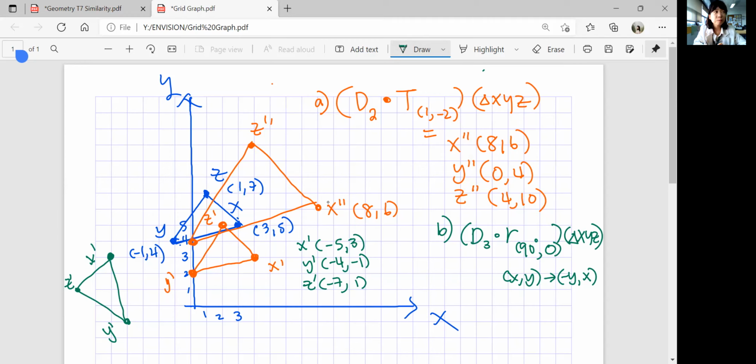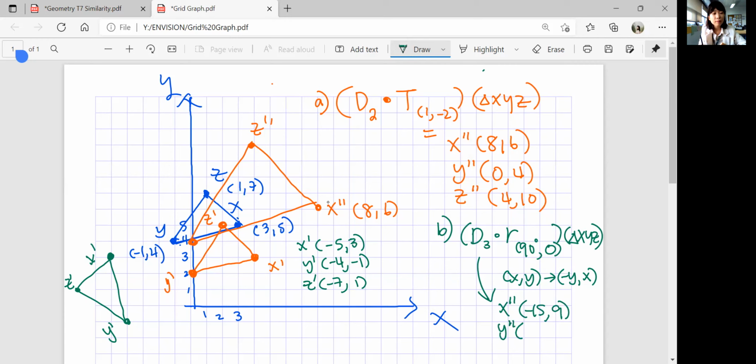And then what do you do? Dilation by a factor of 3. So that means you just multiply all your coordinate points by 3. So after the dilation, your X'' becomes what? -5 times 3 is -15, and then comma 9.